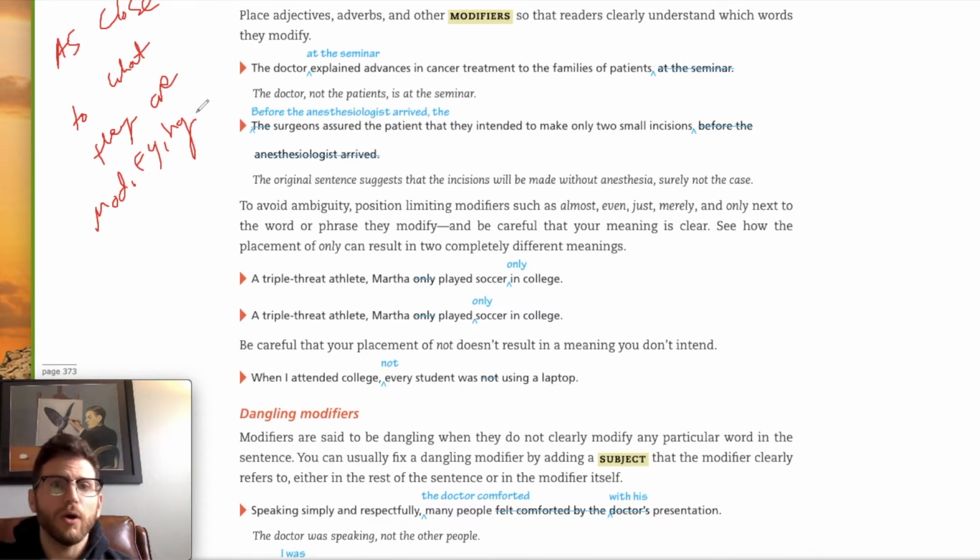So that's what the first issue here is about, placing modifiers carefully.